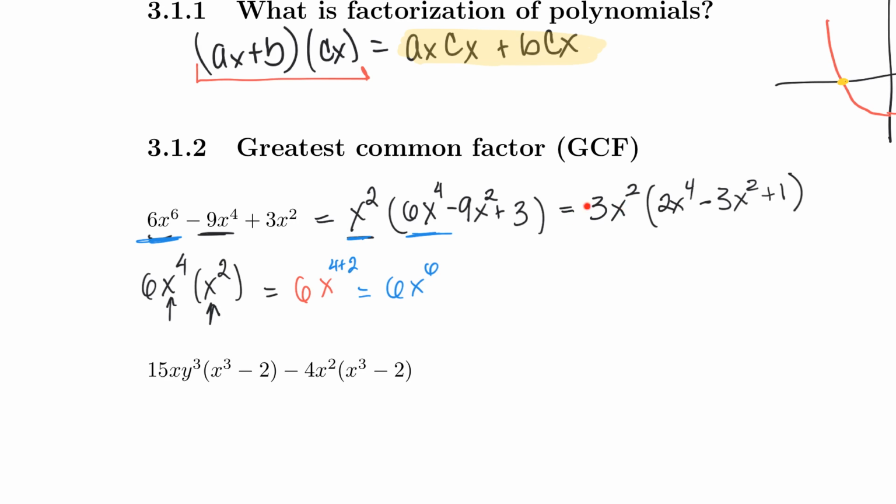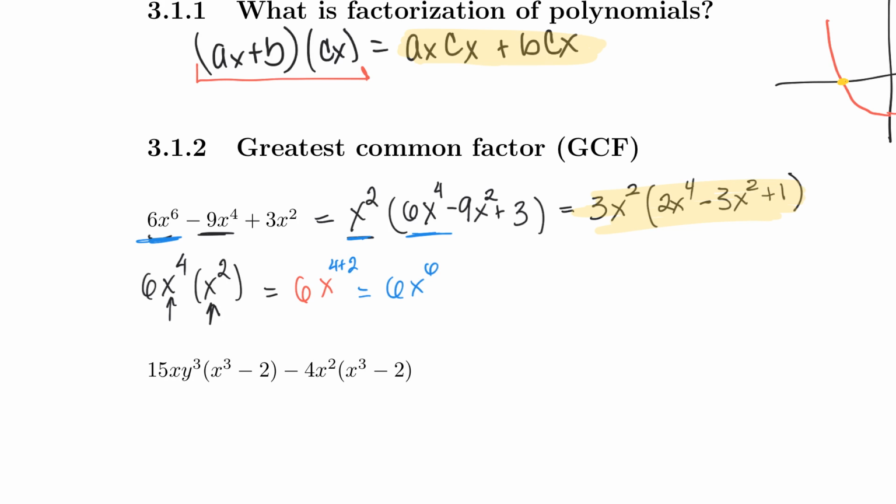Usually these two steps are done at once, taking the 3x squared out, but I wanted to do it separately so you understand that you can take the common factor for the variable and also for the constant.